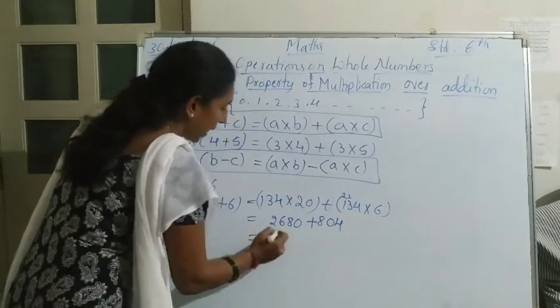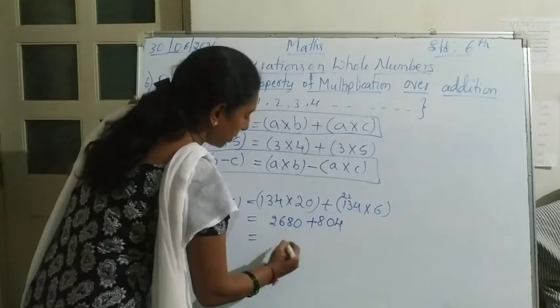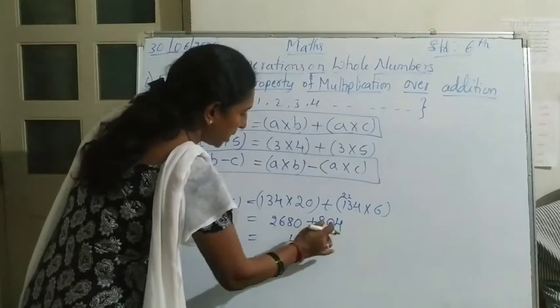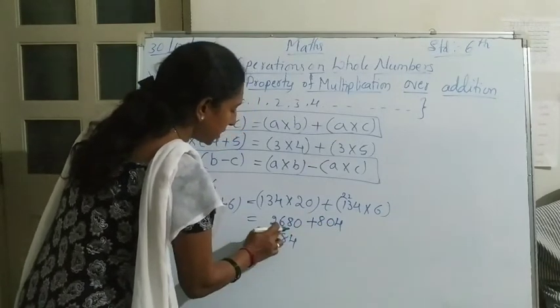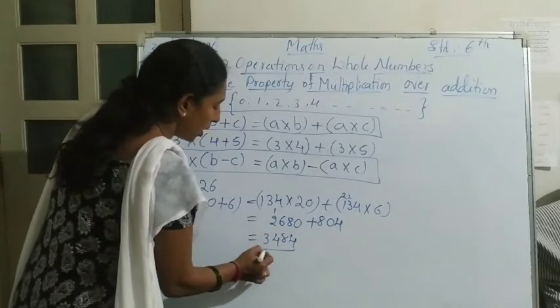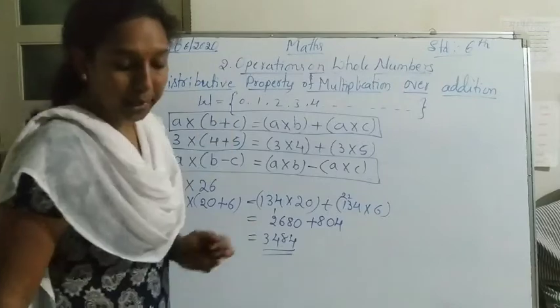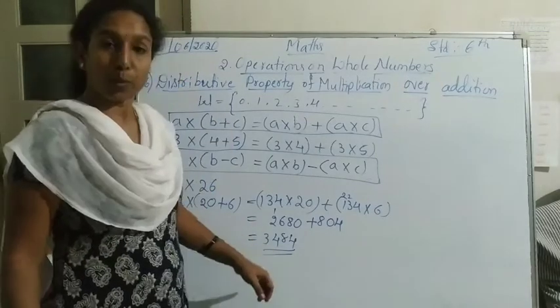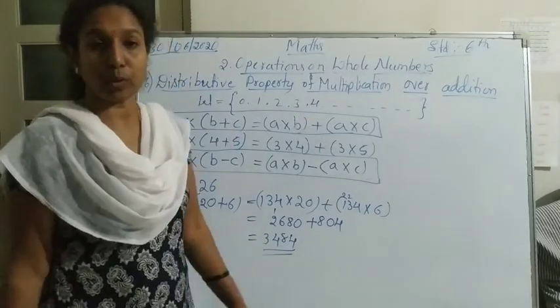So now I will add. 0 plus 4 is 4, 8 plus 0, 8, 8 plus 6, 14, 4, 1 carry, so 3. So the answer is 3484. 3484, that is the answer.